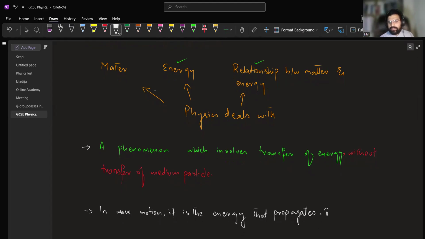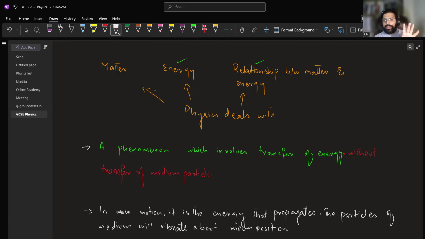This is true with every wave. Whether it is a string wave, the phenomenon is the same. Whether it is a sound wave, we have the same thing. In the case of a water wave or a spring wave, in all kinds of waves, we get the same thing: it is only the energy which is propagating. Medium particles stay at their mean position, and they just vibrate about their mean position.